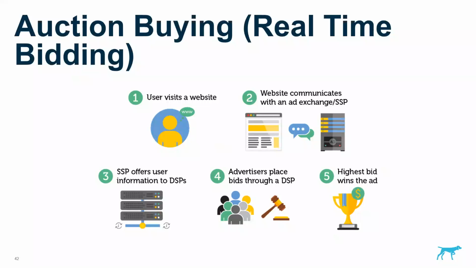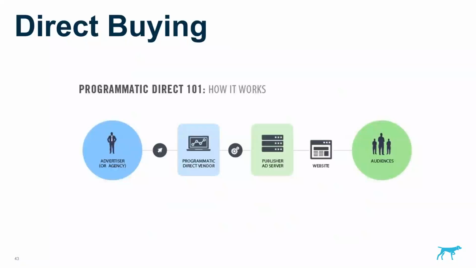This is a similar model to how it works in GDN, except any given website can communicate with however many SSPs, which in turn can communicate with however many DSPs. So there's quite a lot of moving parts involved. In comparison to the real-time bidding, there is also direct buying, which is a bit simpler.